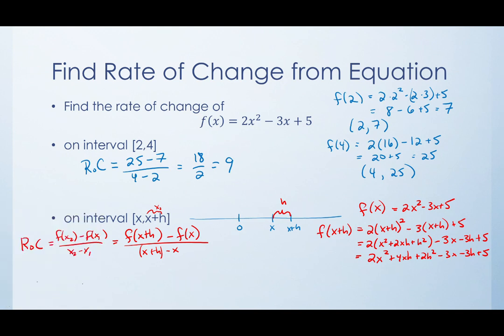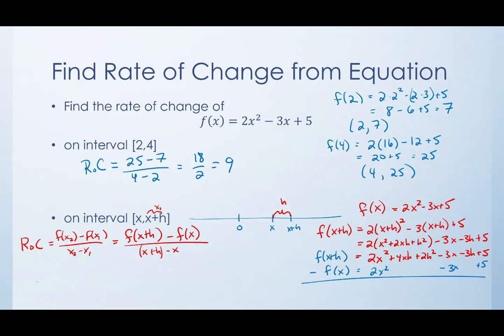And I'm going to do a little trick here. So we have f of x plus h, we've got that all figured out. We need to calculate f of x plus h minus f of x. And we had f of x here, 2x squared minus 3x plus 5. So we're going to subtract these, so we don't have to rewrite things over and over.